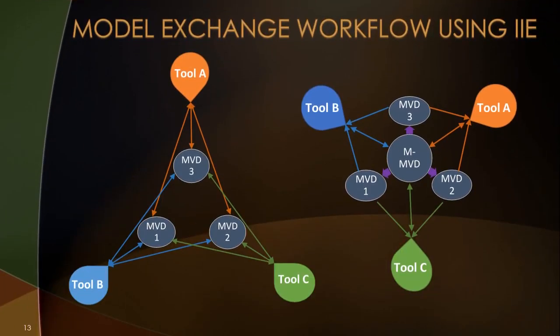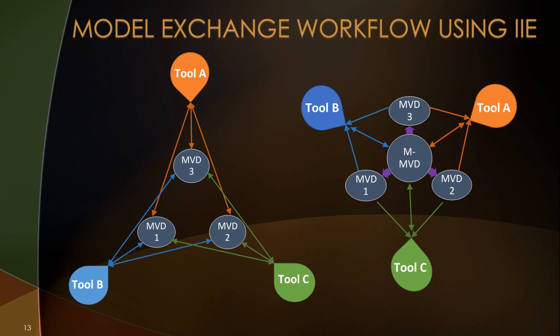So IIE can change the way we exchange information. Right now we expect BIM authoring tools to implement all the MVDs that are available for different BIM uses. But using IIE, we can just expect BIM authoring tools to export the model in an MVD, which could be a master MVD.